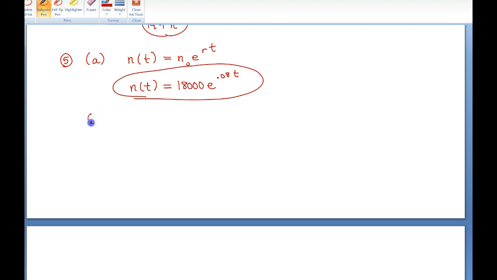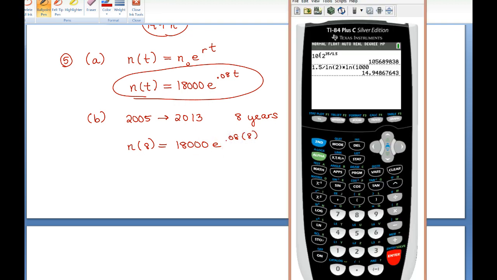Now for part B, it says use the function from part A to estimate the fox population in the year 2013. So if we started in 2005 and we go to 2013, that's going to be 8 years. So we have n of 8 equals 18,000 e to the 0.08 times 8.